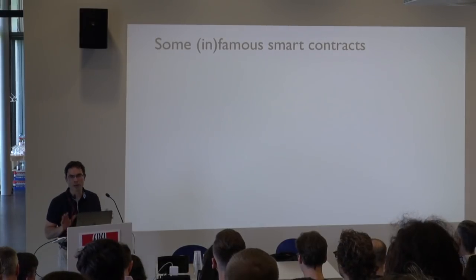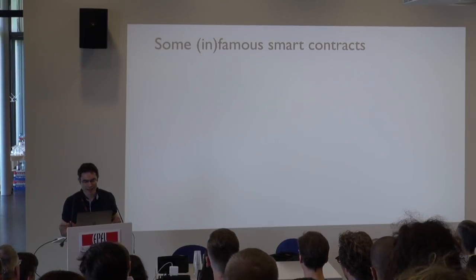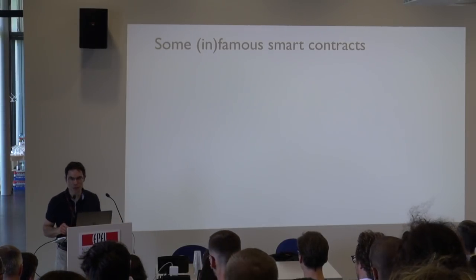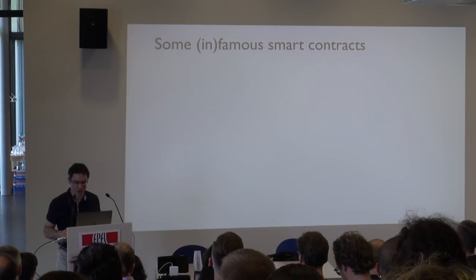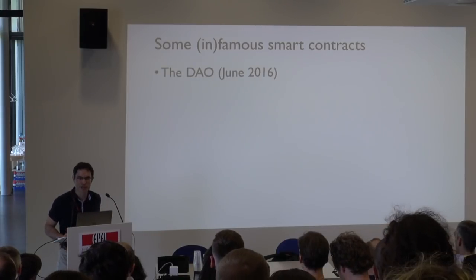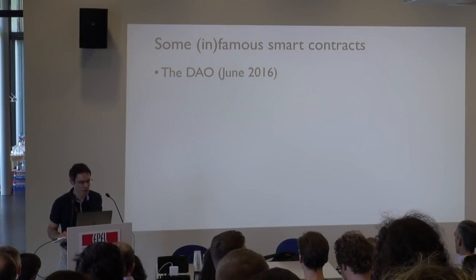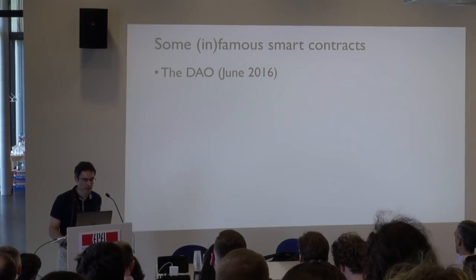There have been a number of smart contract hacks, of which I'll mention just a few of the more infamous examples. Perhaps the most well-known example is the DAO, Distributed Autonomous Organization hack, a couple of years ago, mid-2016.